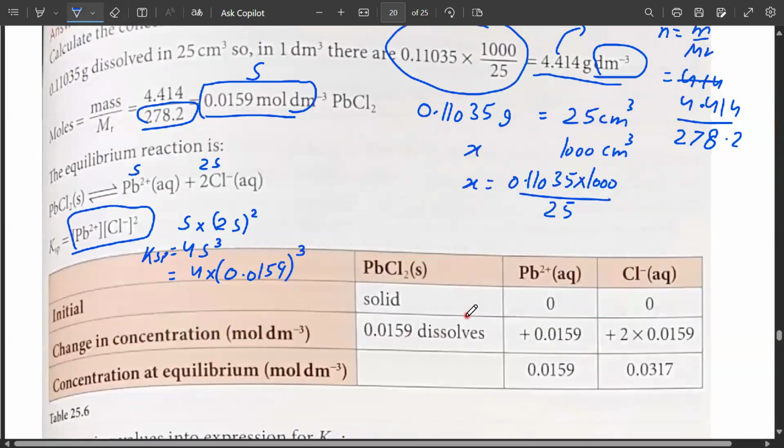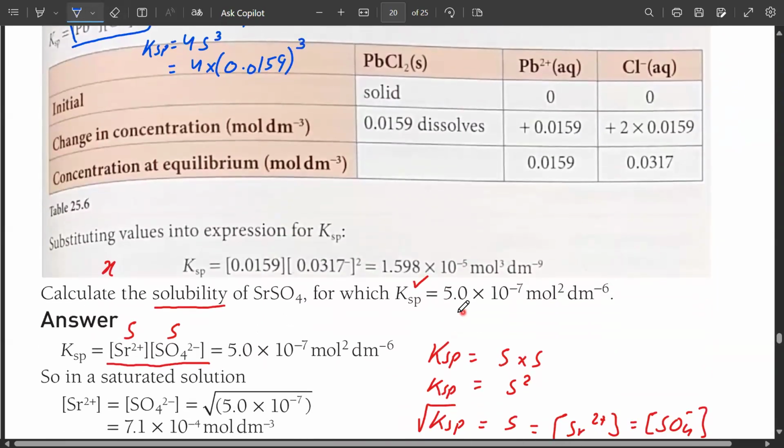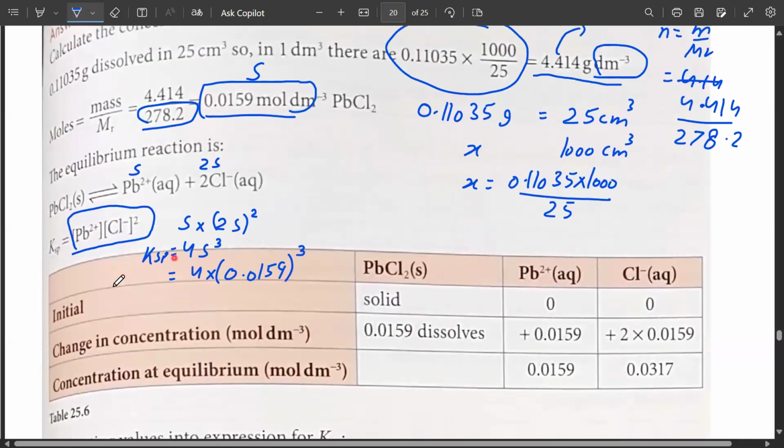So if you have a calculator with you, you can try to solve it. KSP is equal to 4S cube, or it's equal to 4 into 0.0159 with power 3.